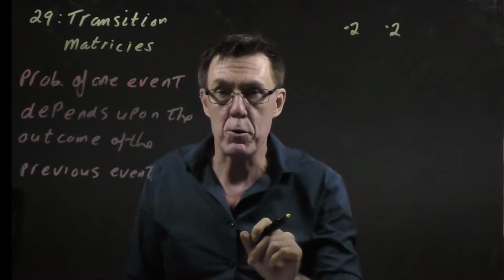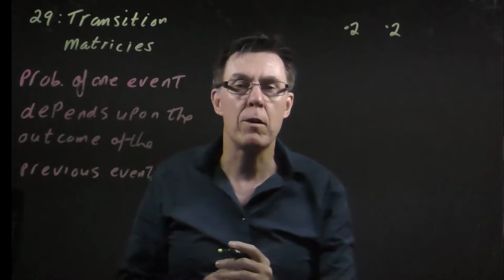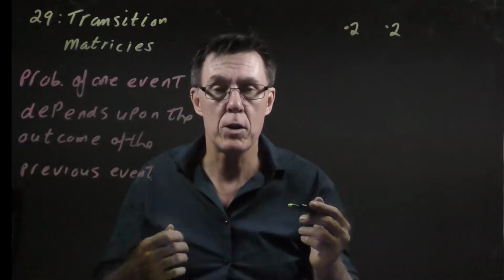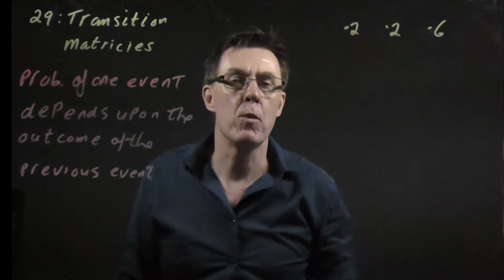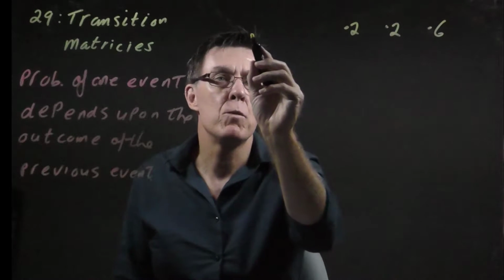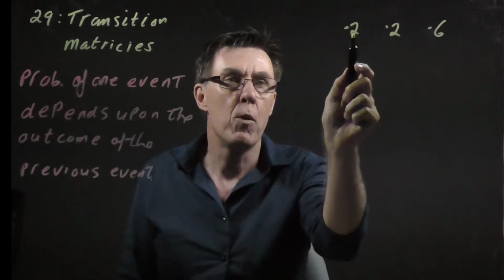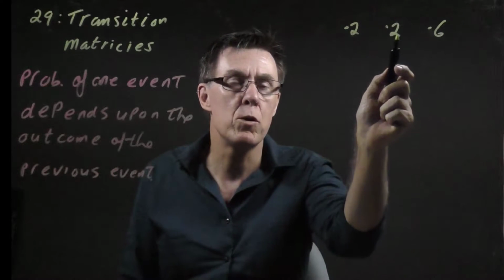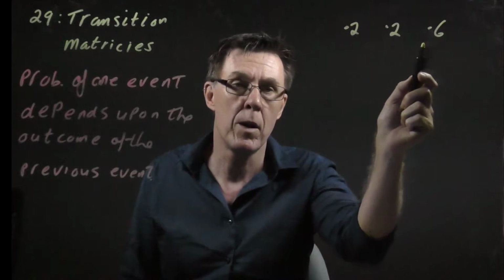Don't go and base your investment strategies upon what I'm showing you. And if it rises today, the probability of it falling tomorrow is 0.6. So if the stock market rises today, there's a 0.2 chance of it rising tomorrow, 0.2 chance of no change tomorrow, 0.6 chance of it falling tomorrow.